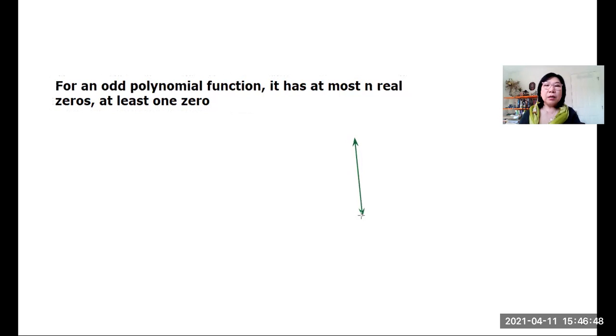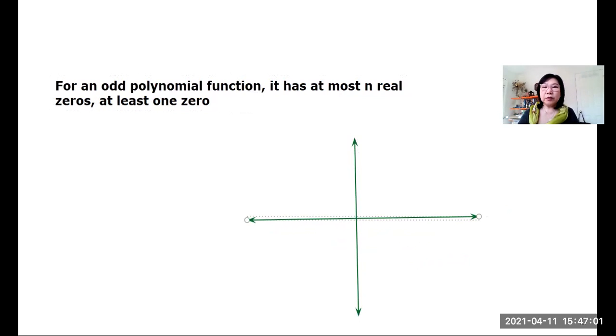Let's say I have an x-axis and a y-axis like this. And I have an odd polynomial function. Say my polynomial function is the lowest degree, right? Of course not linear. So I'm going to draw something like this.